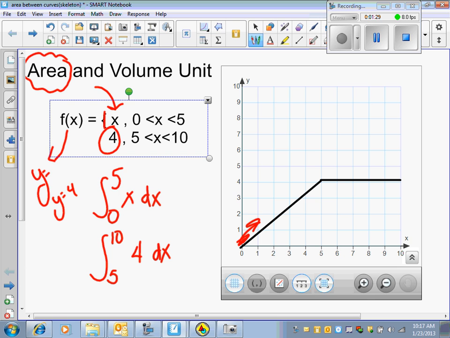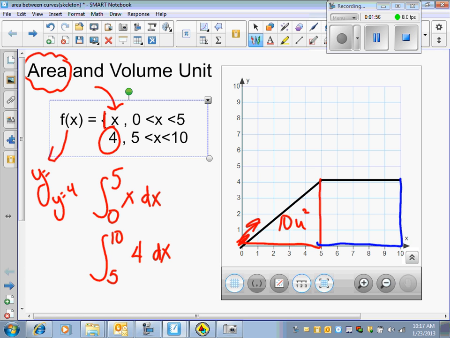But we know how to reason, and we could reason this off and say, hey, this is a triangle. We know the area of a triangle is 1/2 base times height. And we know that the base is 5, the height is 4. That's 20, and half of that is 10 units squared. Okay? If we take this out, let's switch colors, and we go from 5 over here to 10.